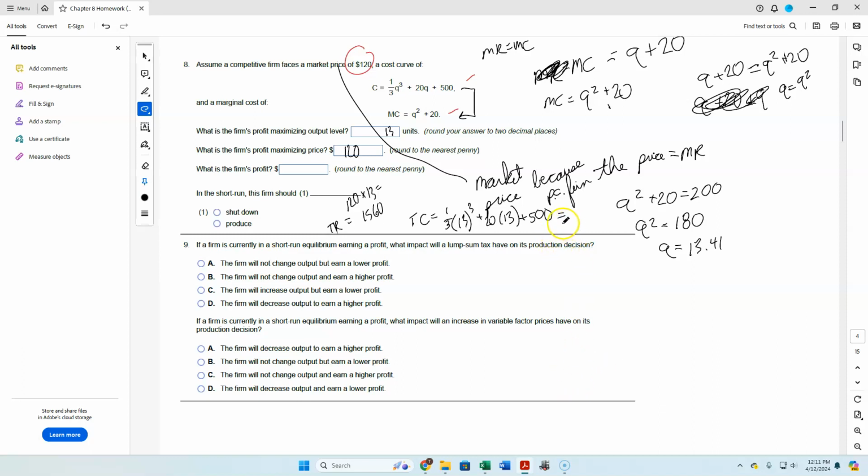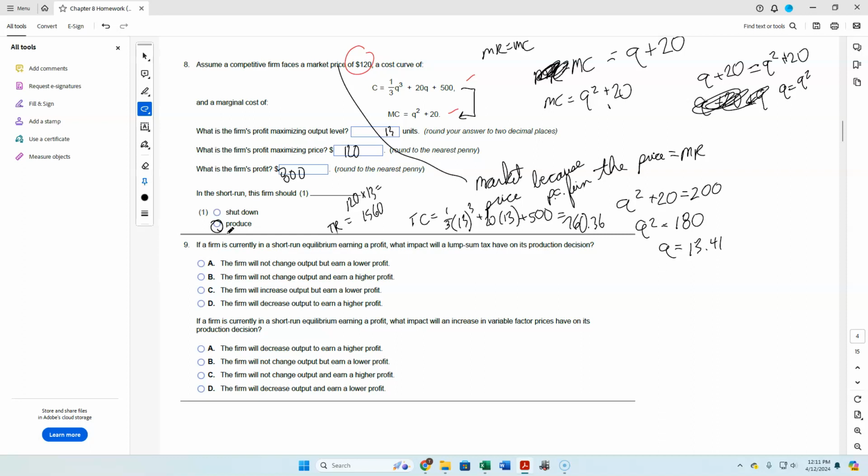I got a total cost of about 760.36. And so then I would just take my total revenue and subtract my total costs, and get an answer here of about 800. Because that profit level is above zero, the firm should certainly continue to produce.